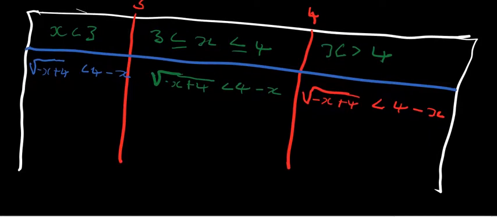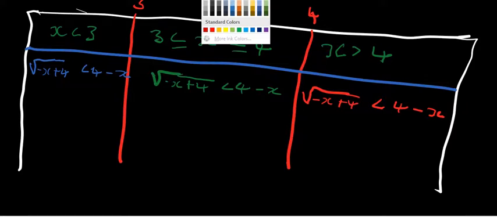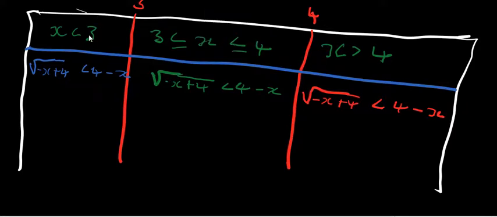So in this first box, we are just getting the value of x which is less than 3. Let's take a value less than 3, for example 0.